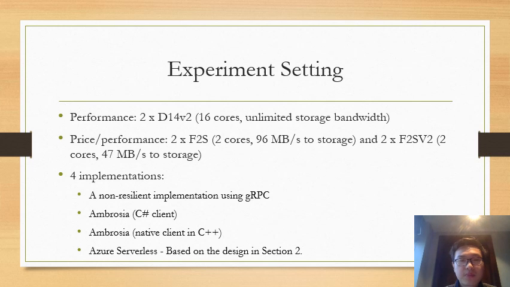The price over performance experiment is done in an F2S machine, which has 2 cores and 96 megabytes per second to storage, and an F2S v2 machine, which has 2 cores and 47 megabytes per second to storage.